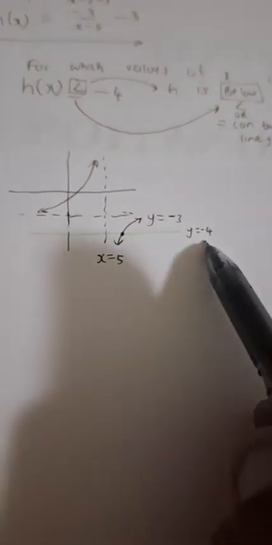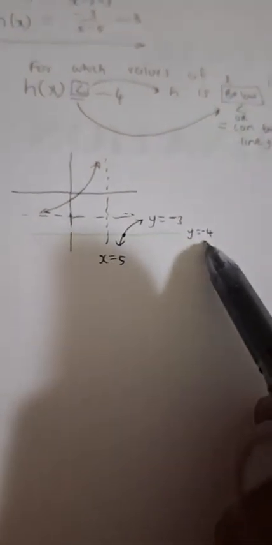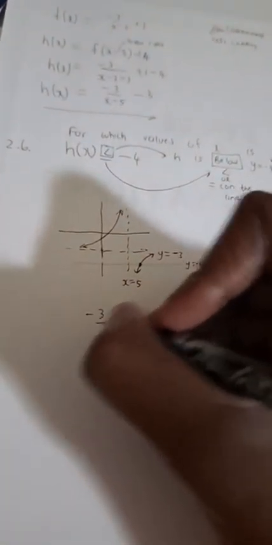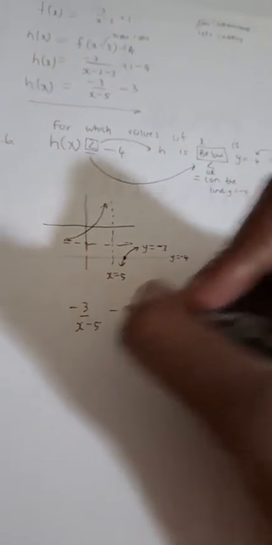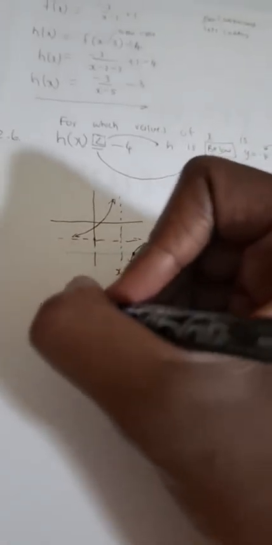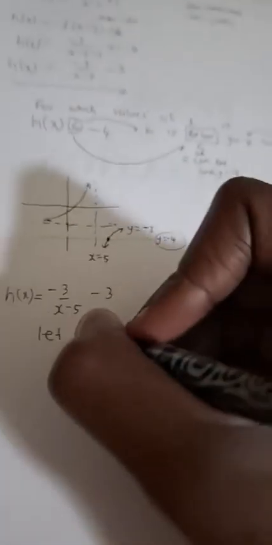So it becomes important for me to figure out when y is equal to -4, what is the corresponding x value? I need to find what this x value is. The only way to find that x value is if I take the function of h, which by the way is that, and I'm going to let y be equal to -4 and substitute here.